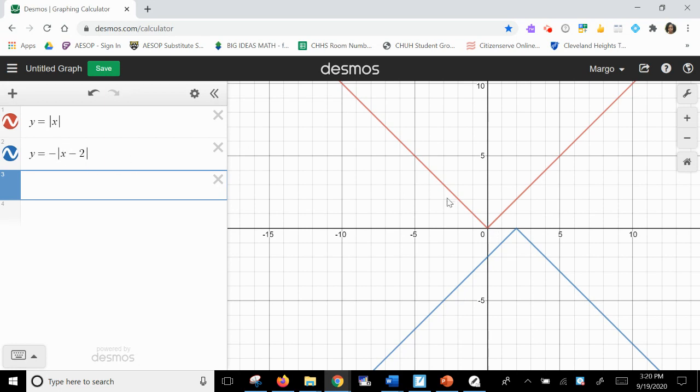But then the new graph, the bottom of the V moved over to the right 2 spaces. And it also flipped upside down, but pay more attention to where it moved. So it moved over to the right two spaces, and that's what that 2 did. The number with the x makes your graph move left or right, and it's always the opposite sign.